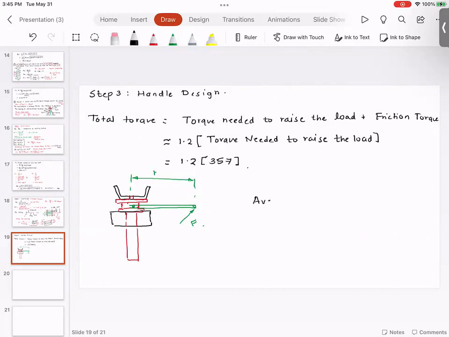So average force by hand is 300 Newtons. So once you find out total torque divided by average force, that will give you the length of the handle.